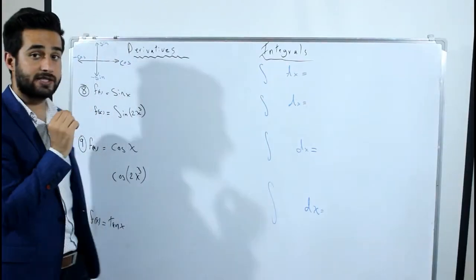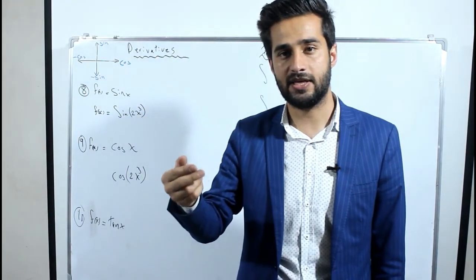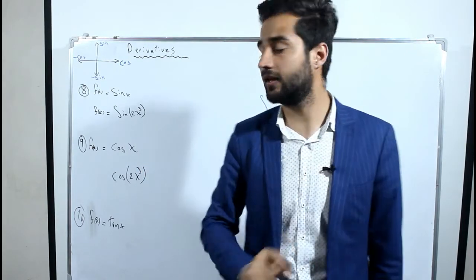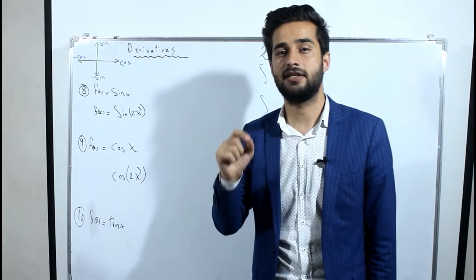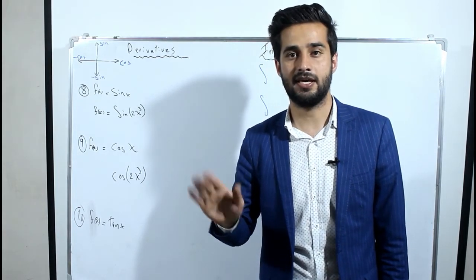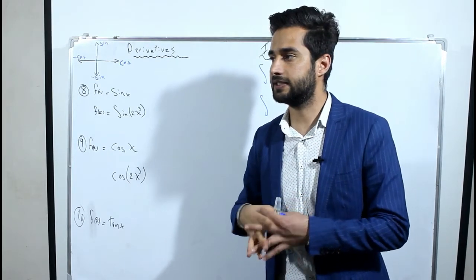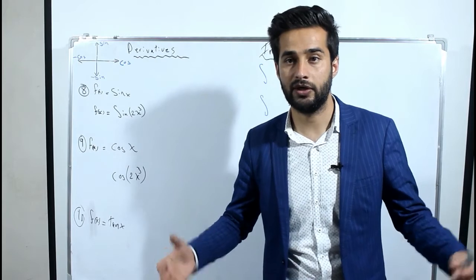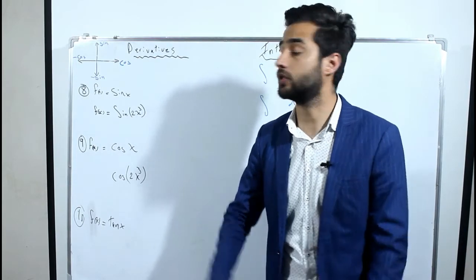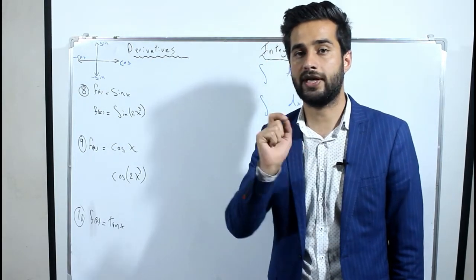If you use this idea for some time and repeat it for yourself, 100%, you can find any derivative or integral without making mistakes and without being unsure, thinking, am I sure or not? If you're not sure, you can just come back to that idea and you'll be 100% sure.